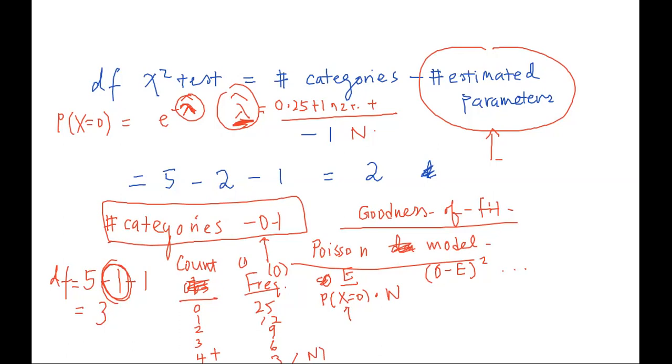The simpler type of chi-square test, where you basically just have categories and subtract 1, is in a situation where you don't have to estimate any parameters because all the values are given already.